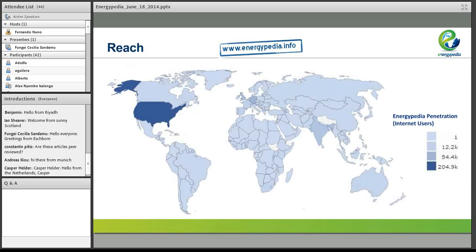Our reach so far, today Energypedia has reached over 228 distinct countries. As you can see from the map here, most of our active users and readers are in the global north, and we have a much lower reach in the global south, which includes regions which at the moment have the world's most rapid growth in internet usage.